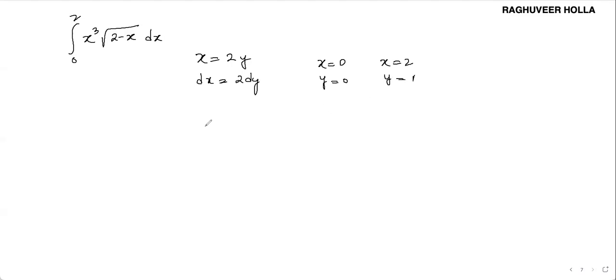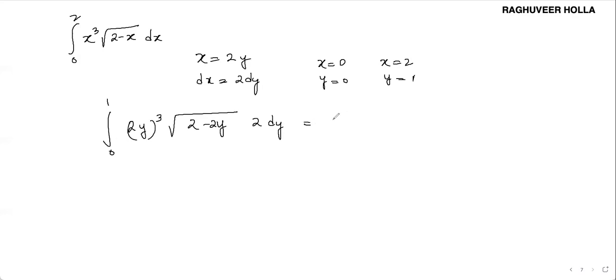So this will be the integral from 0 to 1 of (2y) whole cube times the square root of (2 minus 2y), times 2 dy.